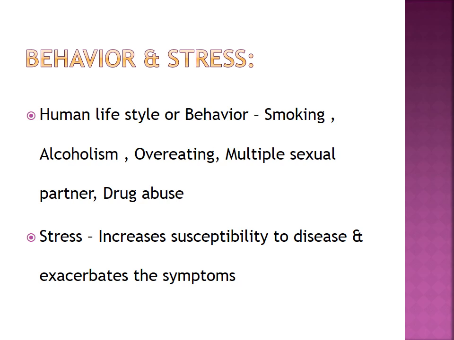Drug abusers, especially intravenous drug abusers, are prone to communicable diseases like hepatitis B, C and HIV/AIDS. Overeating leads to malnutrition, overnutrition, and multiple sexual partners make one prone to sexually transmitted disease. Stress also increases the susceptibility to disease and exacerbates symptoms.